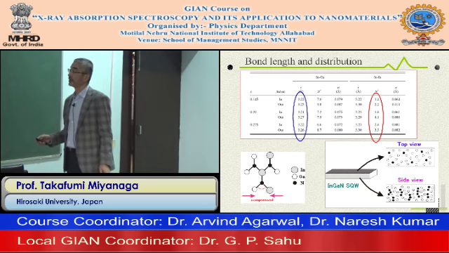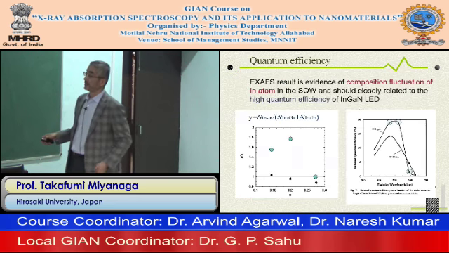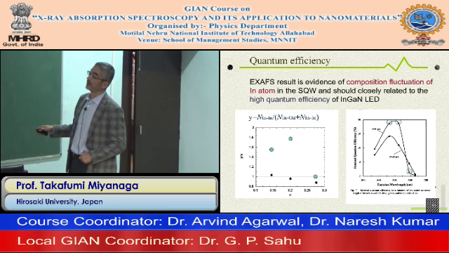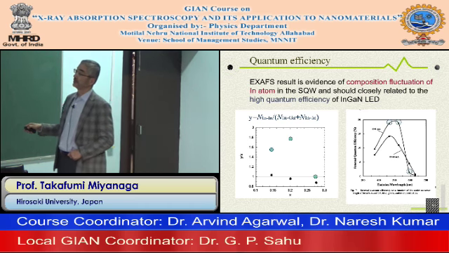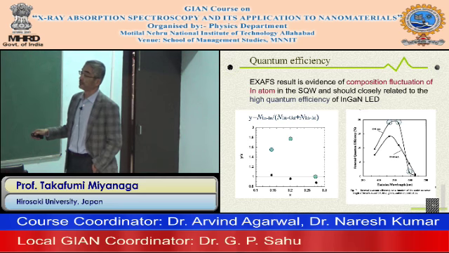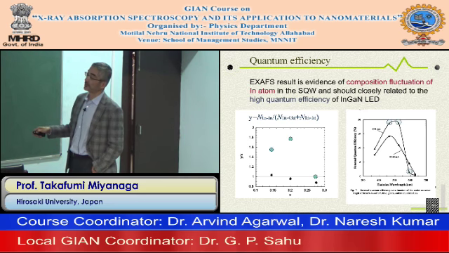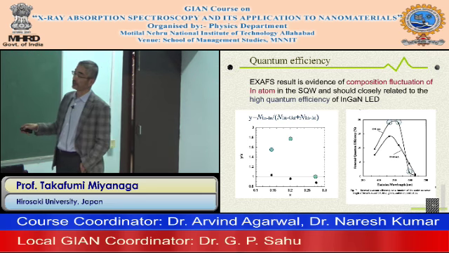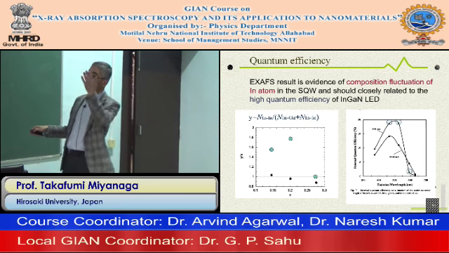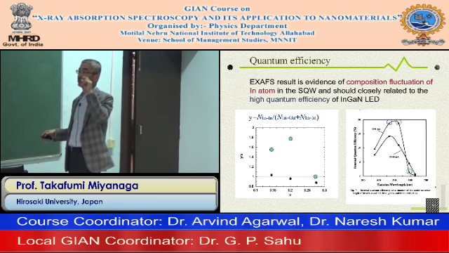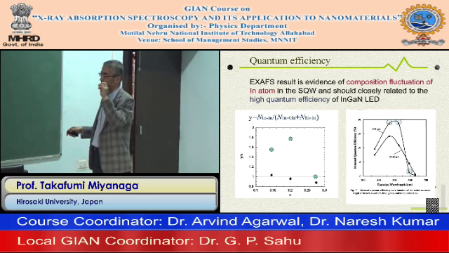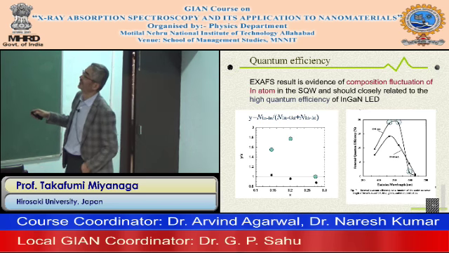We checked more accurately for the three samples and normalized the indium concentration by this one. So for y over x, 1 means a completely random distribution, and higher than 1 means it gathers, or some fluctuation.